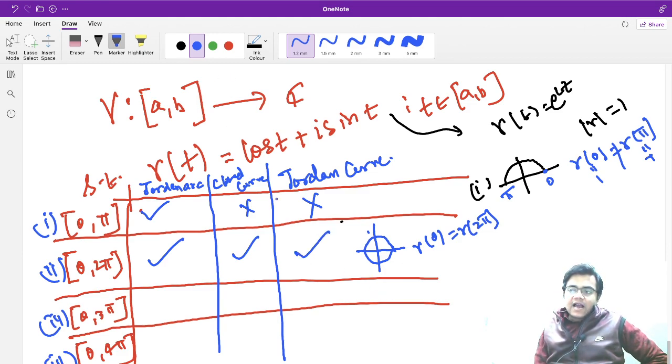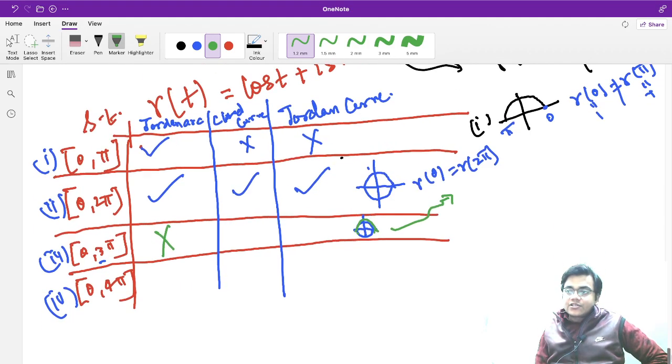Now I am going to ask you about the interval 0 to 3 pi. You have to complete one revolution and then go again up to pi. So you can see from 0 to pi, this curve is going to intersect itself, and therefore it's not a Jordan arc. Will it be a closed curve? The answer is no. Why?